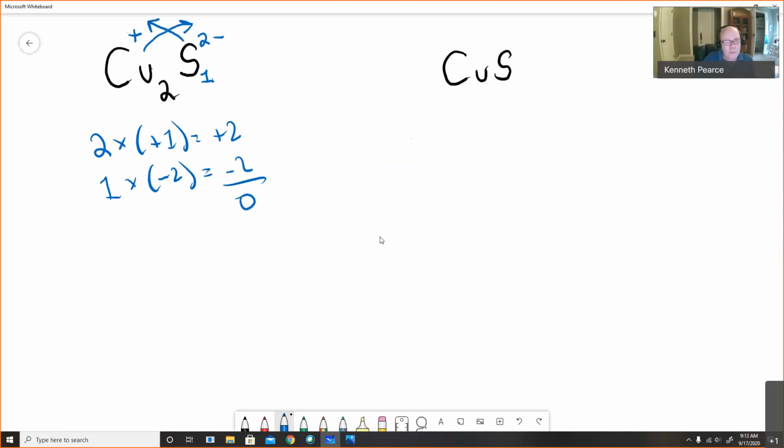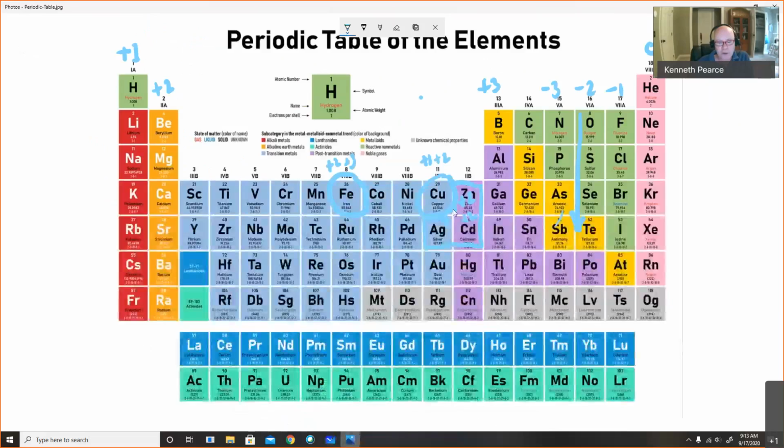Now, a better way that maybe takes a little bit more time would be to say, okay, what do we have here? We're trying to determine the copper, and we look at the periodic table, and sure enough, it's one of those. But where's sulfur? Sulfur is right here, and it's underneath the -2 column.